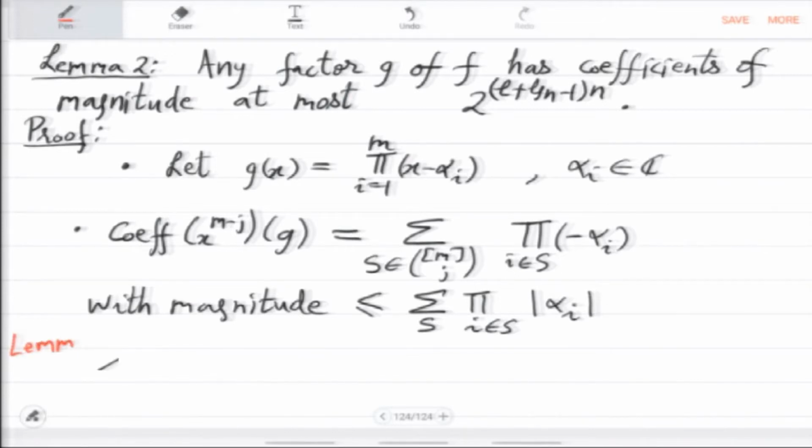Right, this is by lemma 1, which is smaller than the number of subsets, m choose j, times a product now, product of alpha_i.